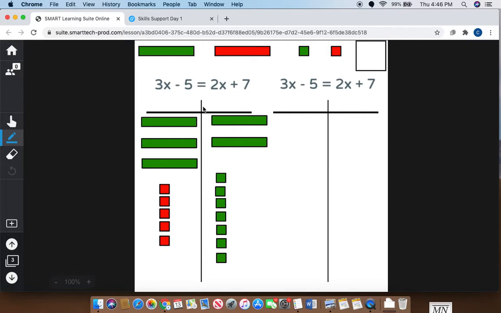Okay. So here we have an equation, and an equation has this lovely equal sign, and the equal sign, think of it as a scale that is perfectly balanced, meaning the expression on the left side is equal in amount to the expression on the right side.